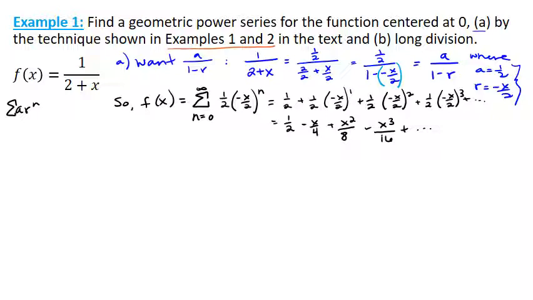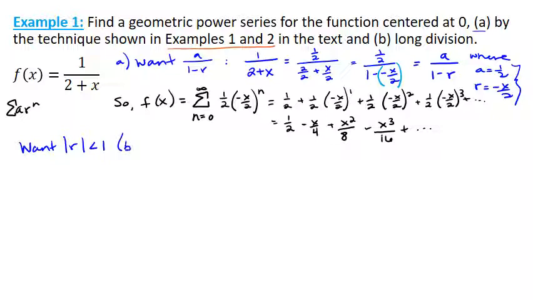Since we want to find our interval of convergence, we also want r to be less than 1, because we need the absolute value of r to be less than 1 in order for our geometric series to converge.